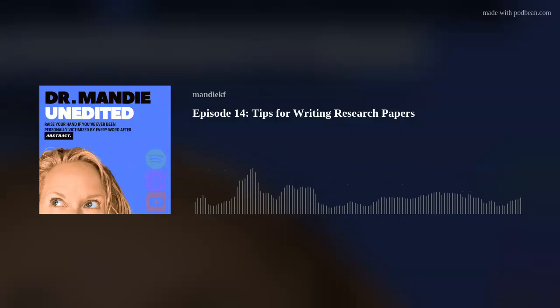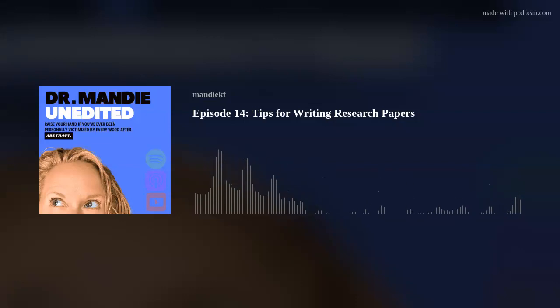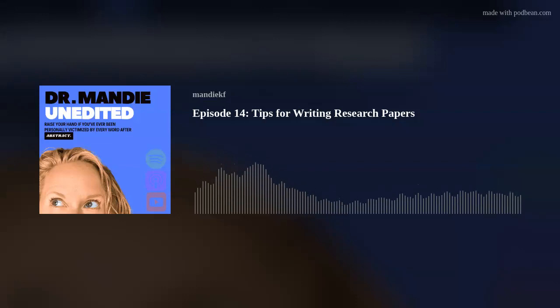The first part of your paper that you may write is probably going to be the literature review, which analyzes and synthesizes existing research. It shows gaps in the literature. Where are the tensions between researchers on this topic?